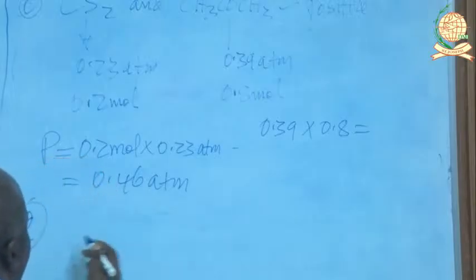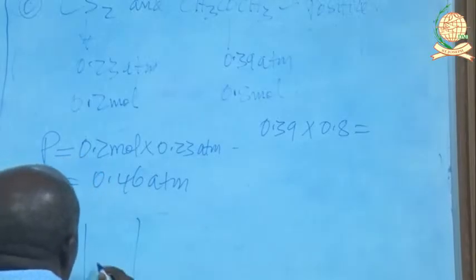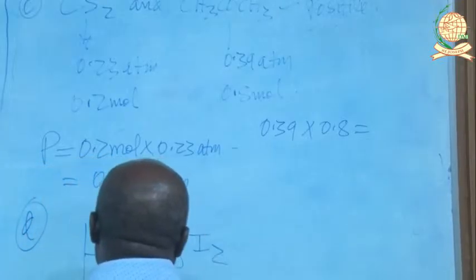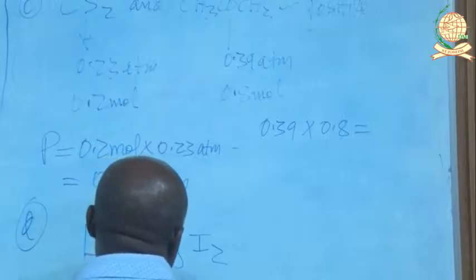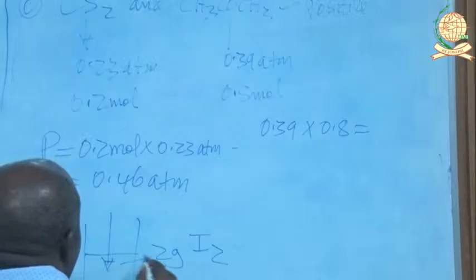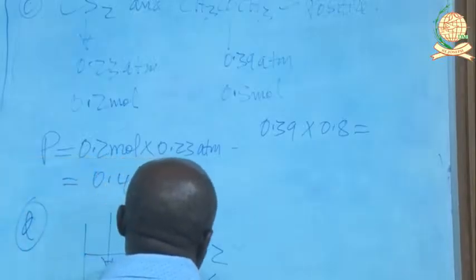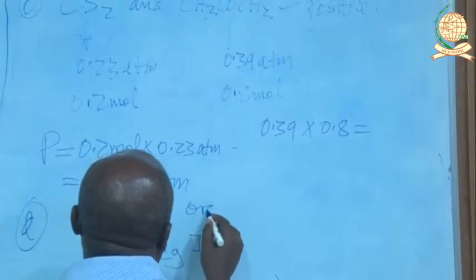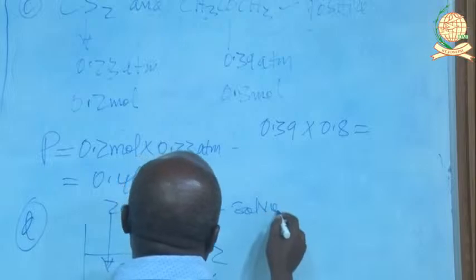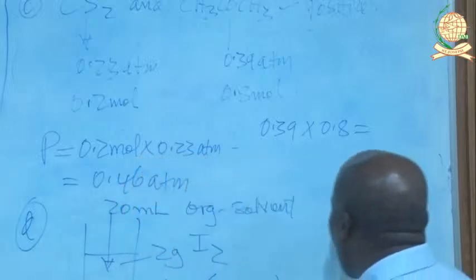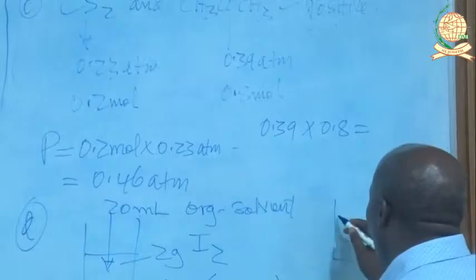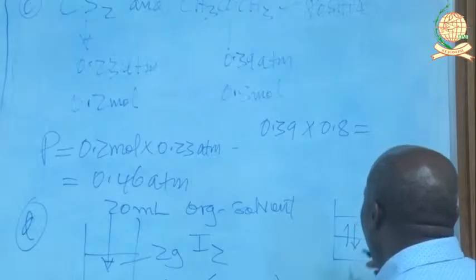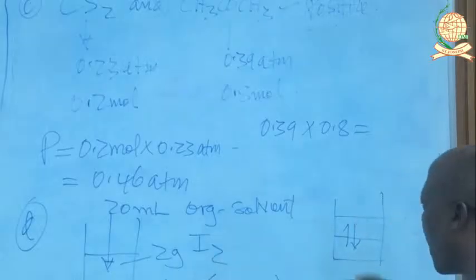So here we have a solution containing 2 grams of iodine, but this is the aqueous solution. Then you add 20 mils of organic solvent, then you shake. After shaking, the two will form layers, but there will be an equilibrium of iodine.